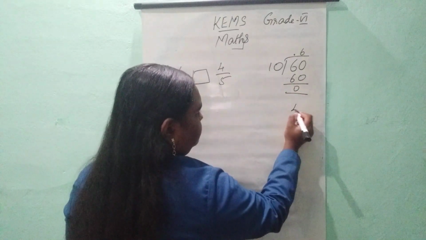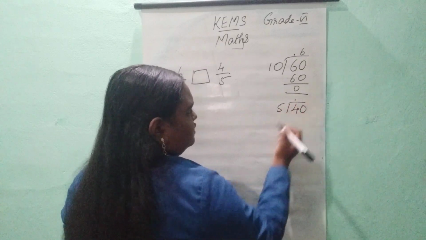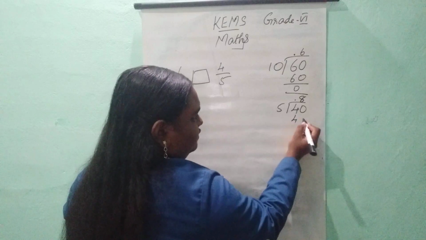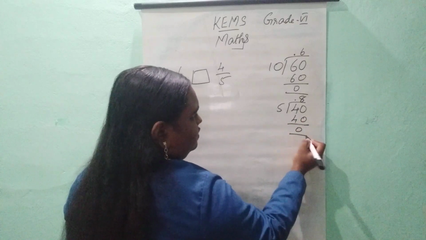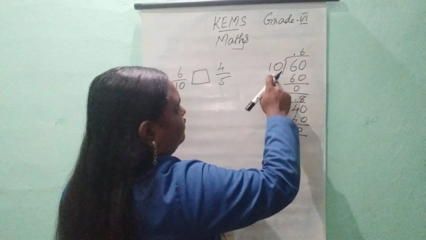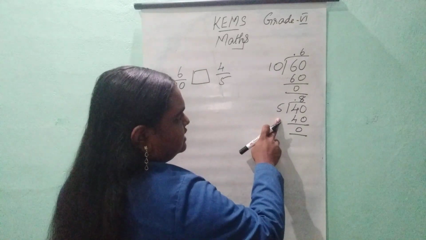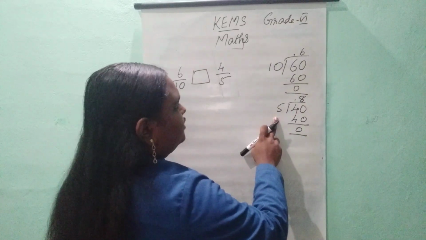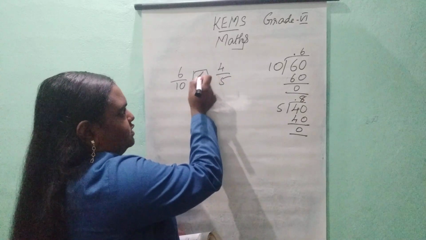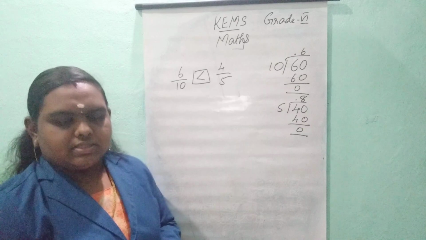Then 4 divided by 5: 0. So 5 into 8, 8 5s are 40. So it is 0.8 and it is 0.6. So 6 divided by 10 is less than 4 divided by 5. So it is the smallest number and it is the biggest number. So you have to put the symbol like this. Is it clear to all of you?